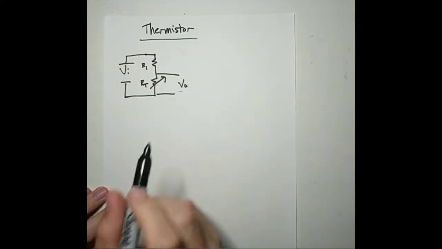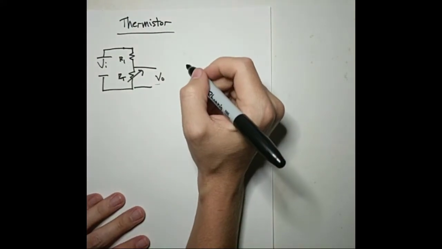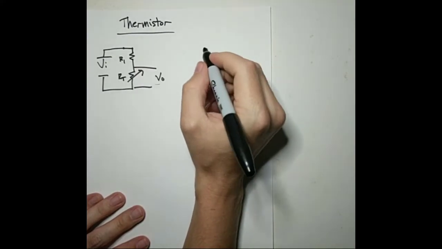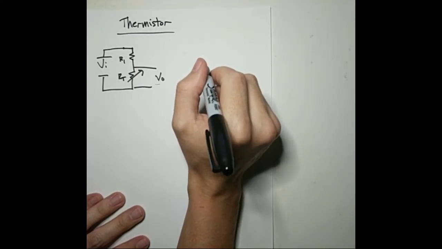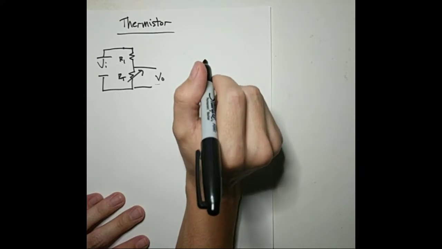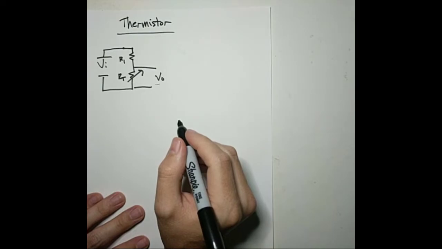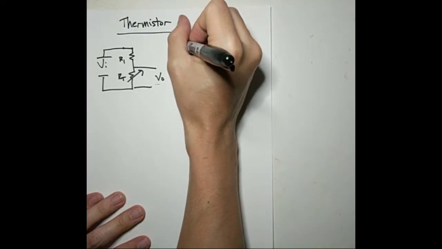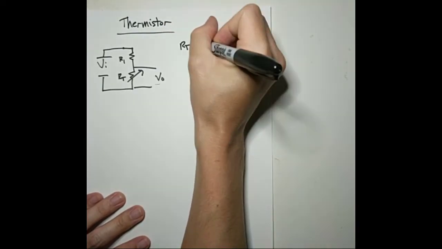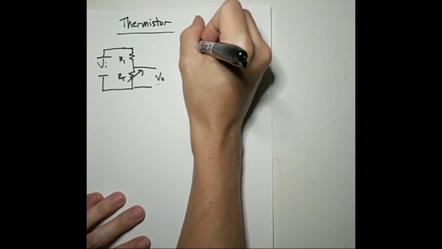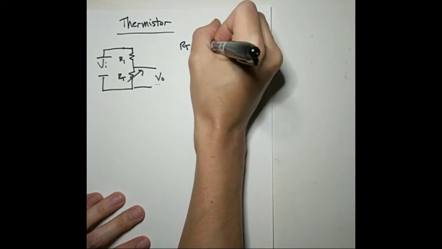So when you get a thermistor, the manufacturer will give you some properties of the thermistor as well as an equation to relate resistance to temperature. So for the resistor we'll be using in this lab, the equation that the manufacturer has given is this.